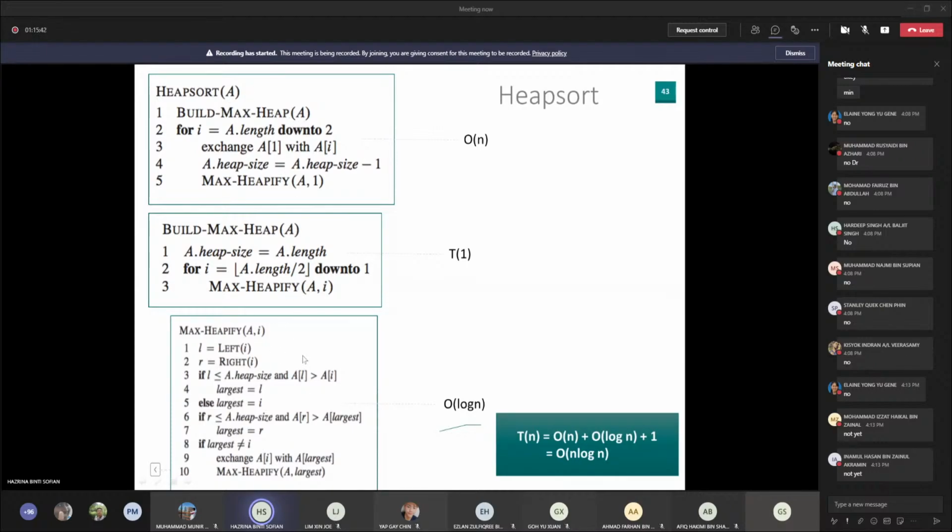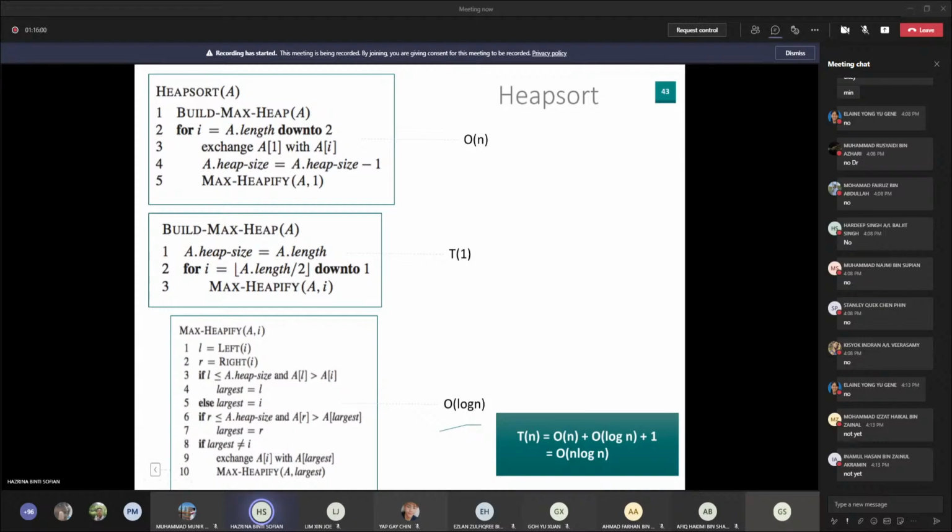Just now we were doing this and this, and they added one more algorithm, order of n. So when we add all, the heap sort is order of n log n.